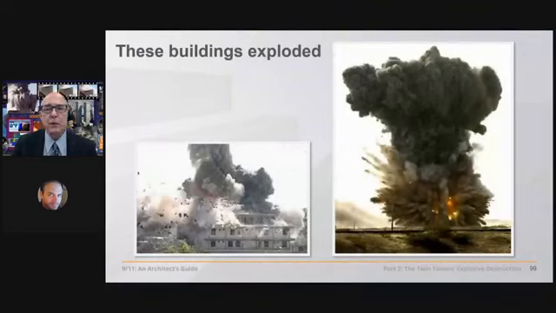These buildings were exploded. They have incredible quantities of pyroclastic-like clouds due to the amazing heat from the chemical reactions from the explosives, rapidly expanding these clouds in cauliflower-shaped forms with a solid edge that's rapidly expanding.